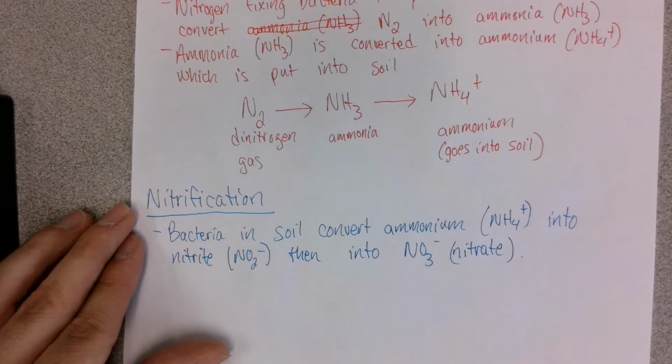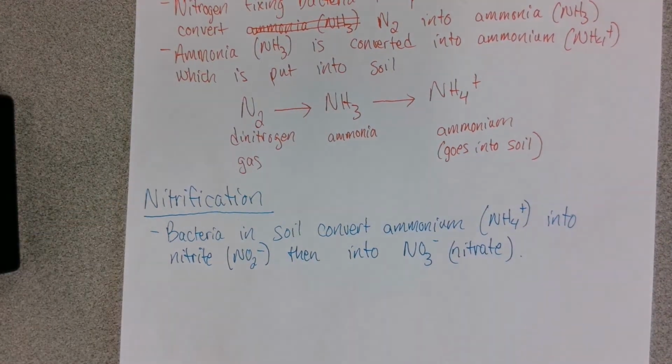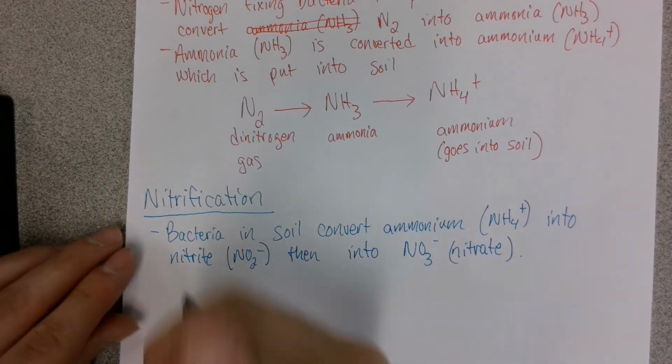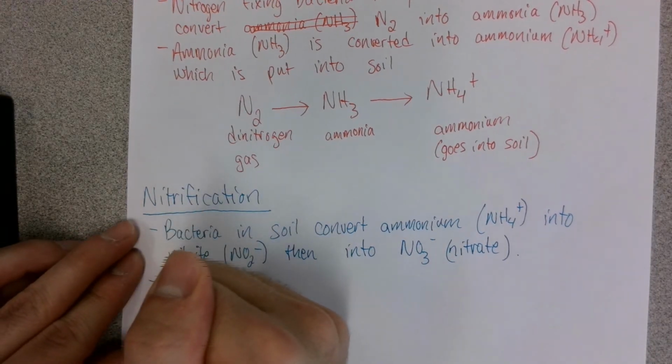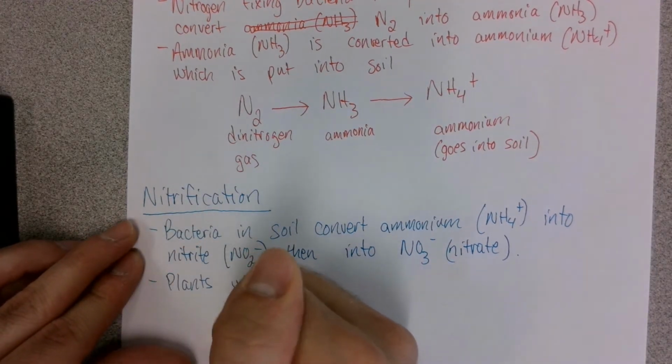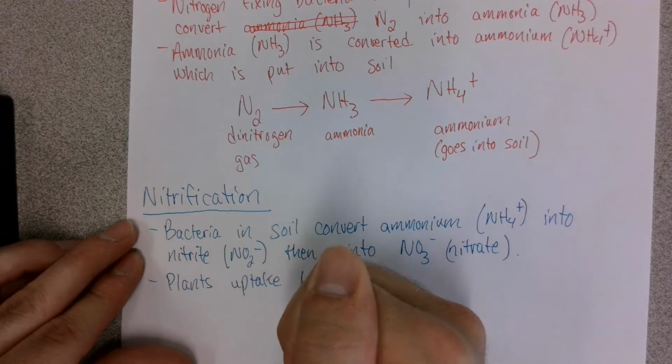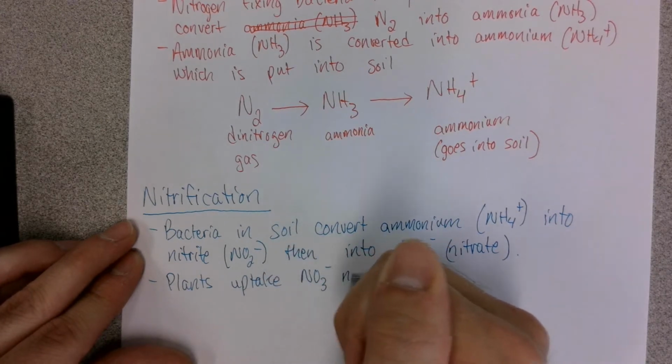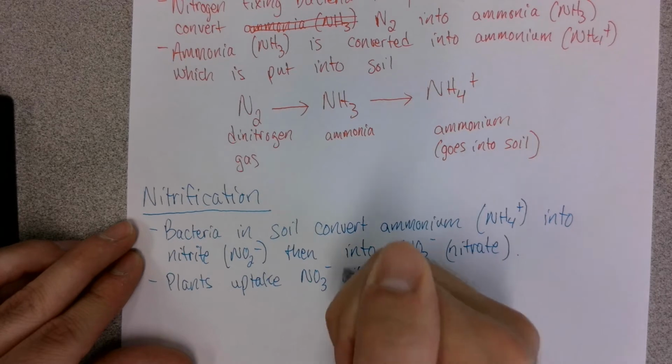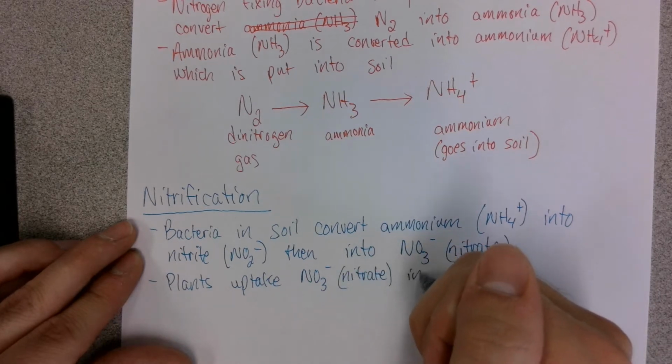Nitrate is really the one that plants want to uptake. So plants uptake NO3 or nitrate into their roots.